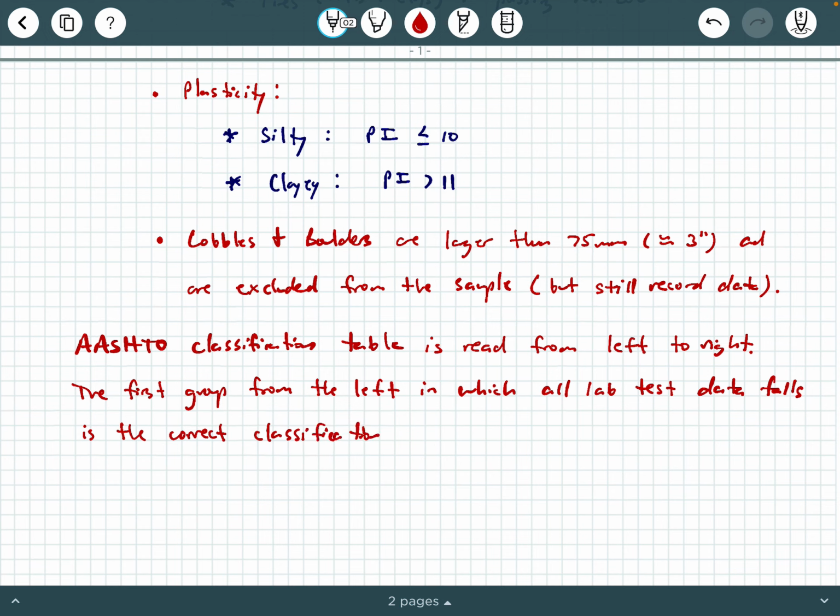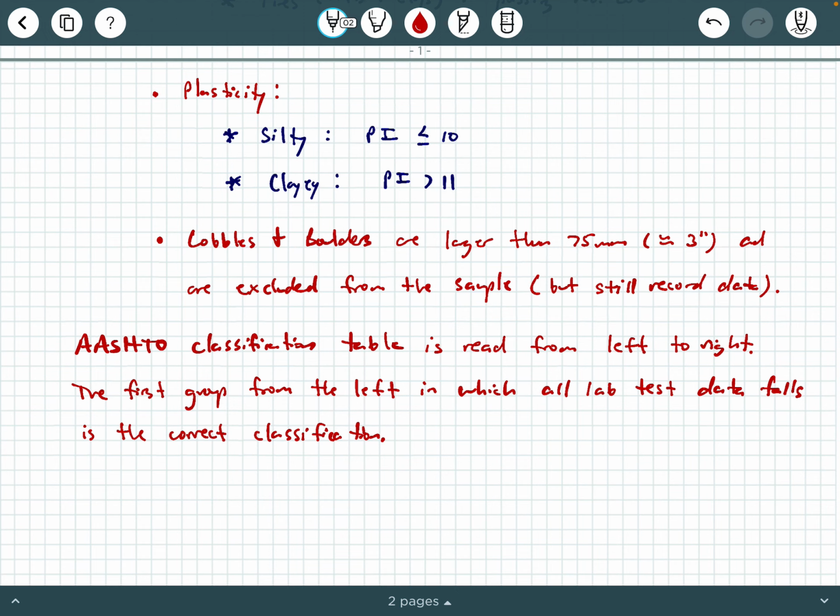Now this table has, when you read it, columns that deal with the grain size properties and the plasticity that we just discussed. So whenever you fall into a column, when you read it from left to right, that satisfies your grain size properties and your plasticity properties together, that is the group that you fall into, okay?